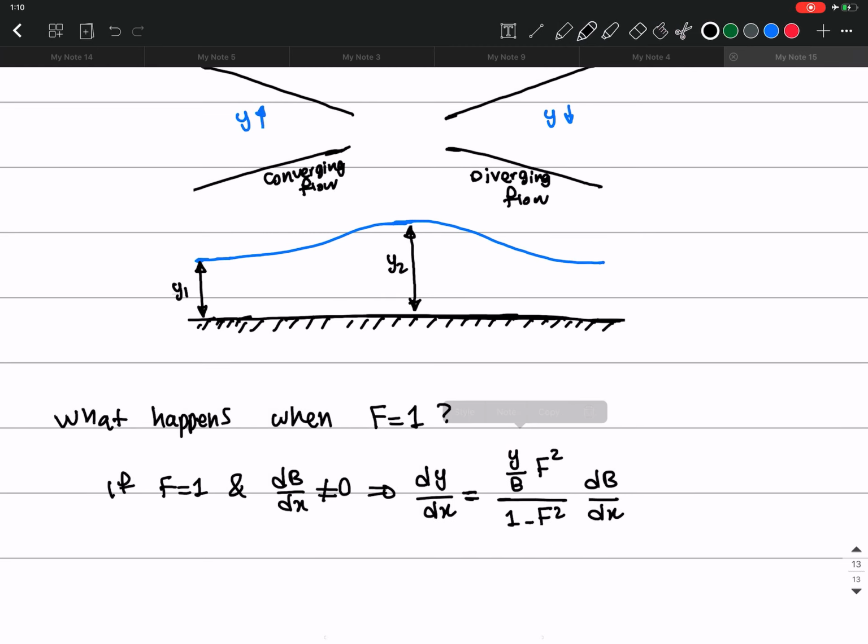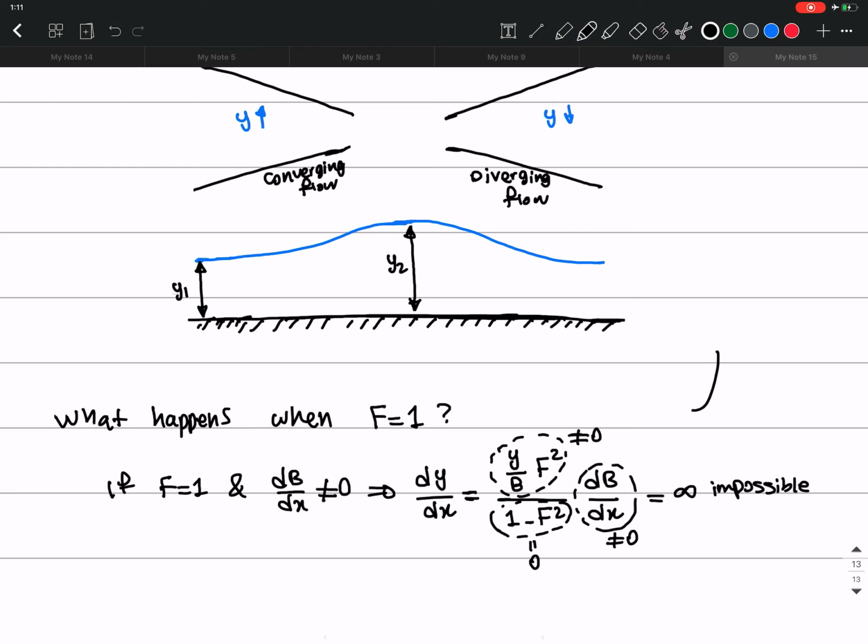If Froude number is 1, and this is not 0, so this is also not 0, right? How about this term? This equals 0. So you are dividing a number by 0, so you are going to get infinity, which is impossible, right? So the depth should be like this. Suddenly has to increase a lot.